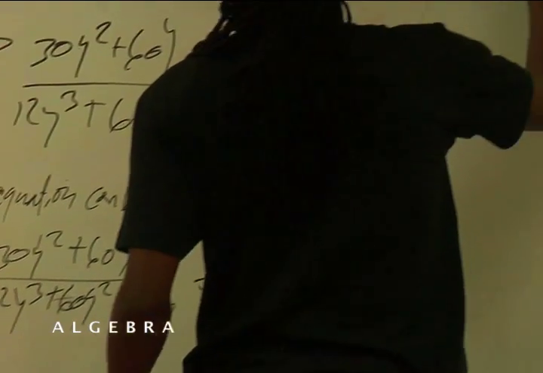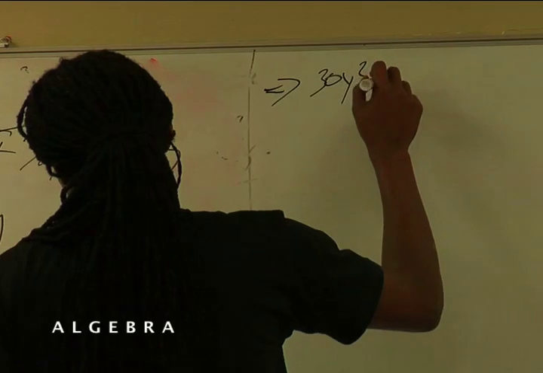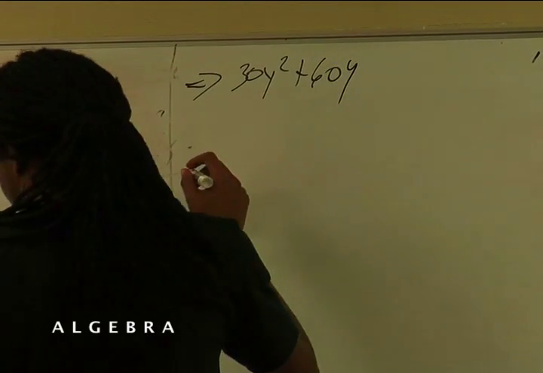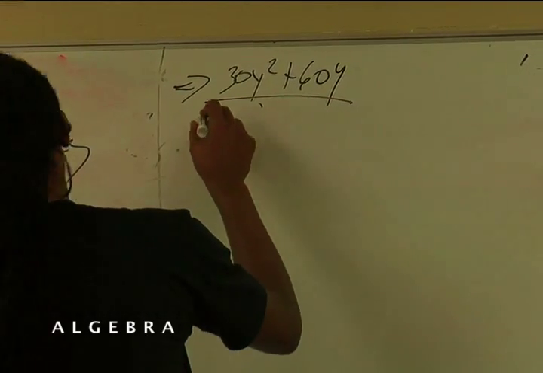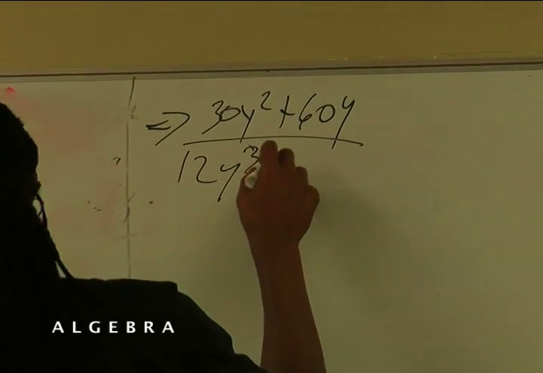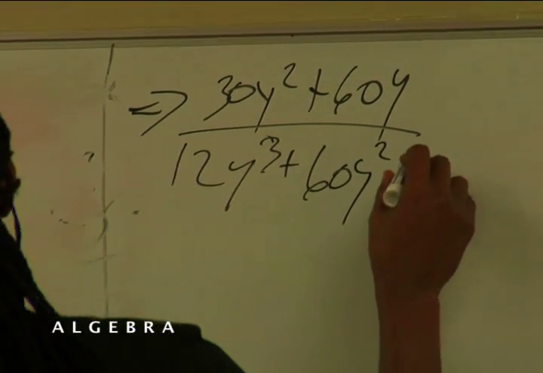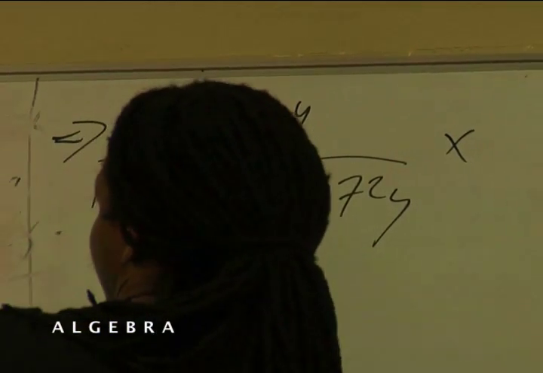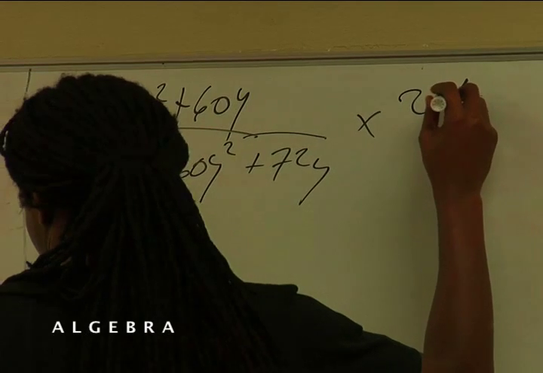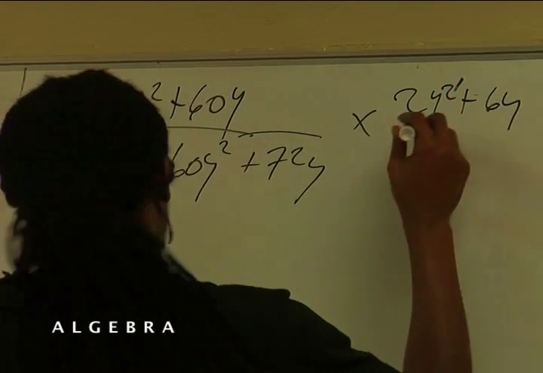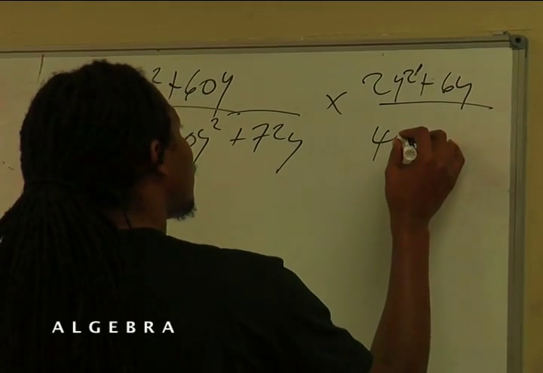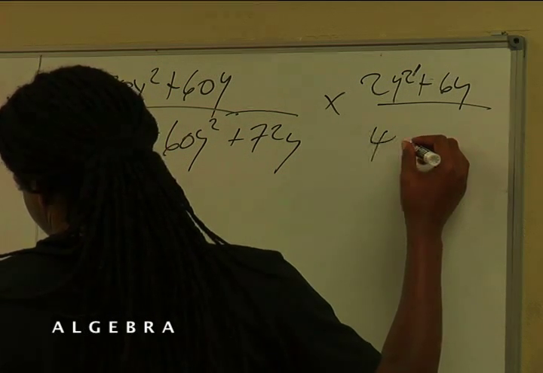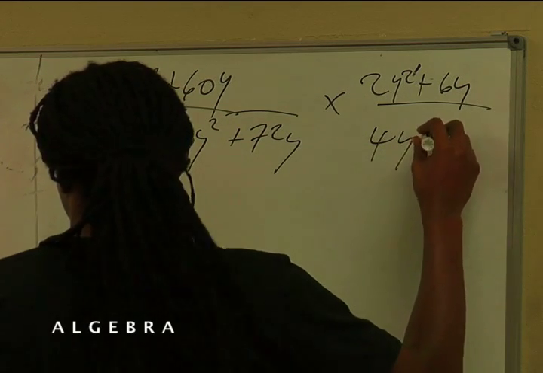This implies 30y squared plus 60y over 12y cubed plus 60y squared plus 72y, times, I turn that over, 2y squared plus 6y all over 4y plus 16.